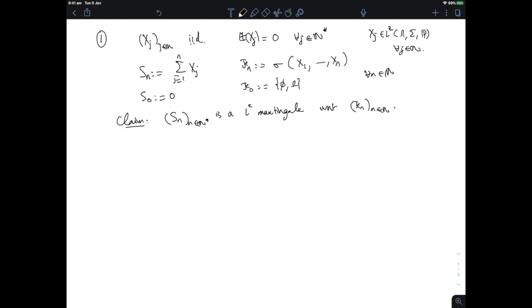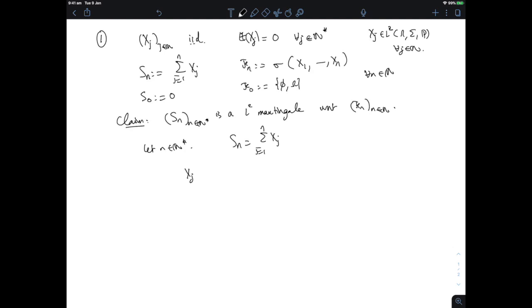So let's go and do that. So first of all, take an n. Sn is the sum of the xj's. Now a finite sum of measurable random variables will be measurable itself. So all I need to show is that for every j between 1 and n, xj is Fn measurable. But Fn is the sigma algebra generated by all the xk up to n.